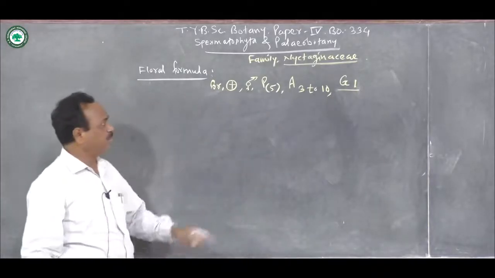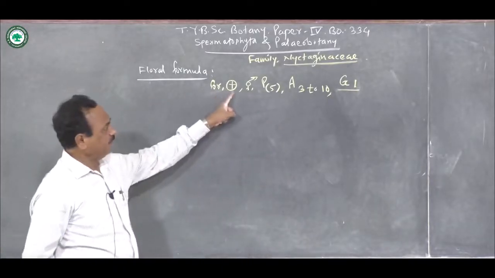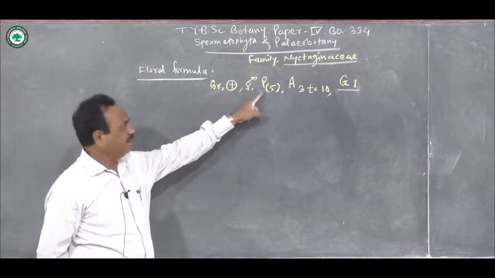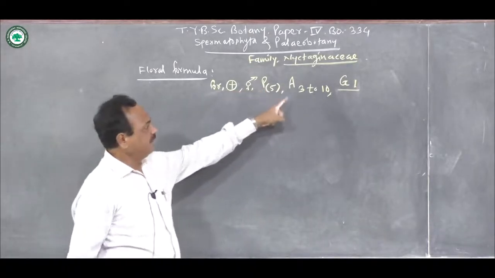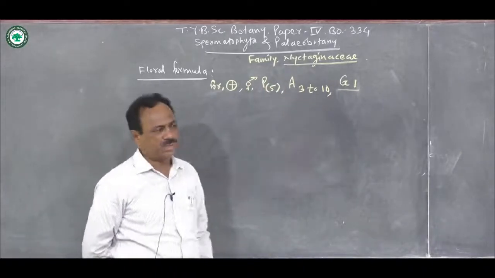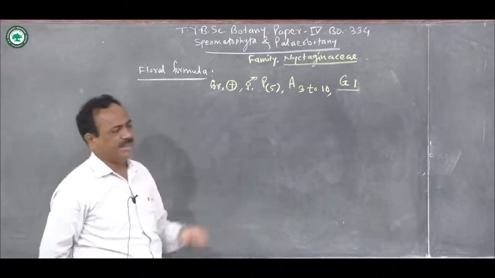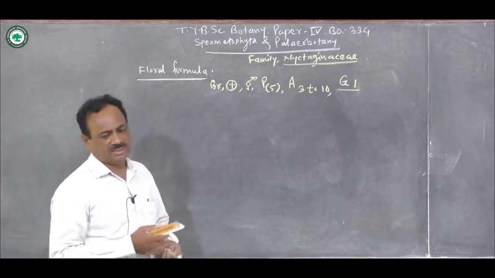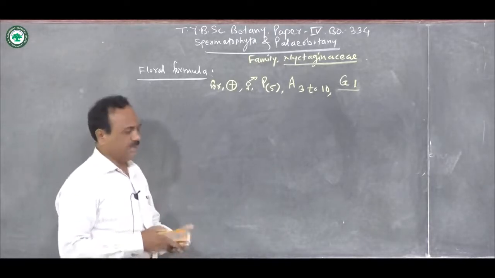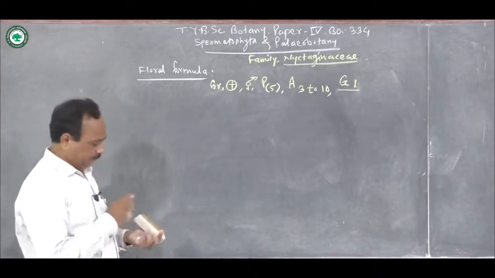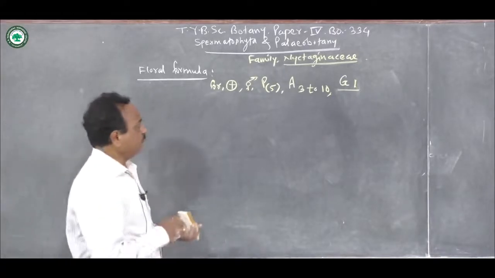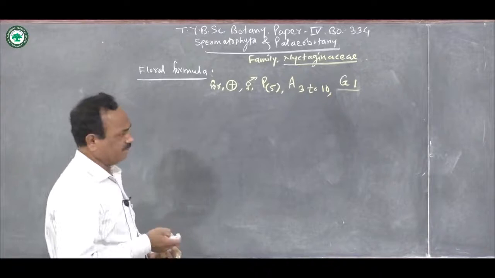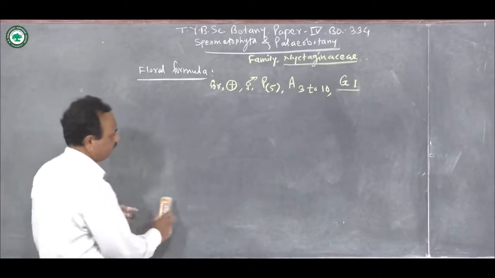So this is the floral formula: bracteate, actinomorphic, bisexual, perianth lobes 5, united, so gamophyllous. Androecium, 3 to 10 stamens are present, and gynoecium shows a single carpel, that is monocarpellary, unilocular, superior ovary, and there is the presence of basal placentation.